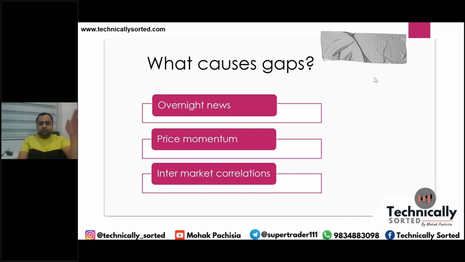Okay, so let's start with dissecting why these gaps occur and what causes these gaps to happen. First of all, the reasons why a gap can happen could be overnight news. For example, there is a news which has a very strong implication on the market or on a particular stock.